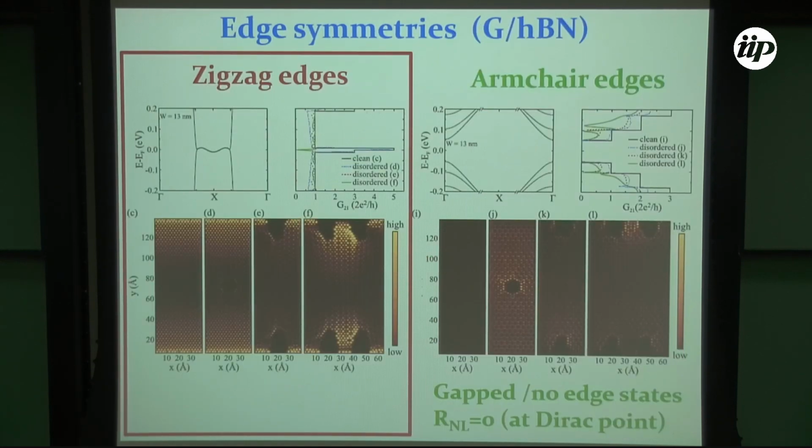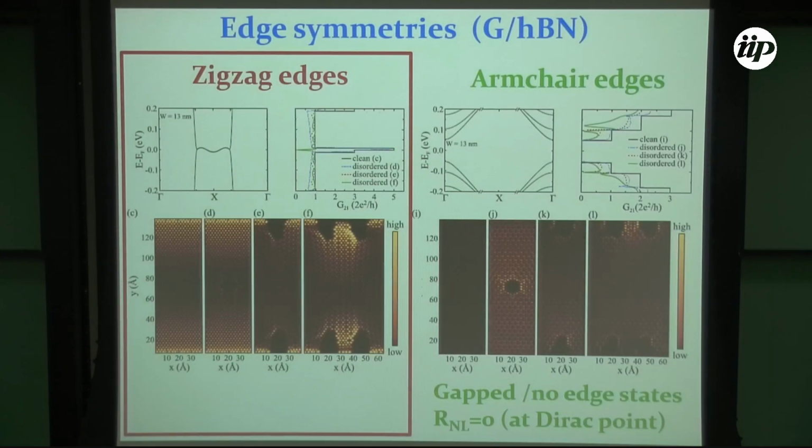Also, we need to have a special symmetry of the graphene edge termination, because in the case of an armchair edge termination, basically the system is really gapped and there is no edge state formed, and so no signal is propagated.